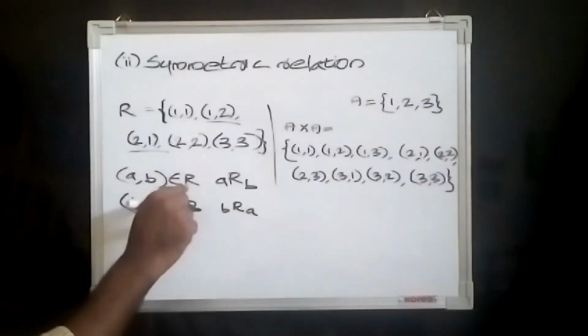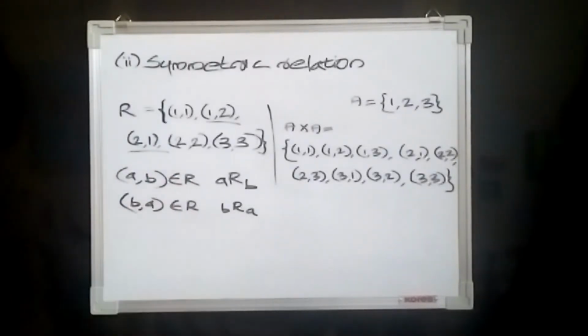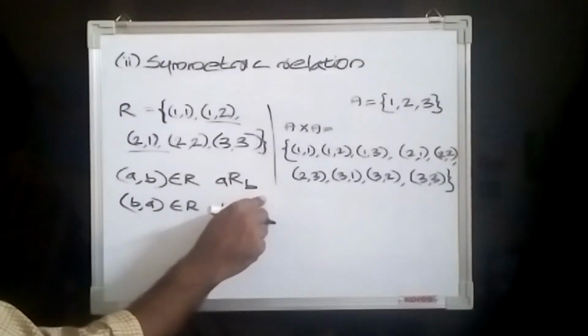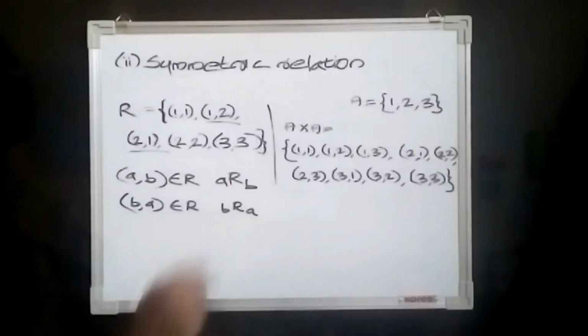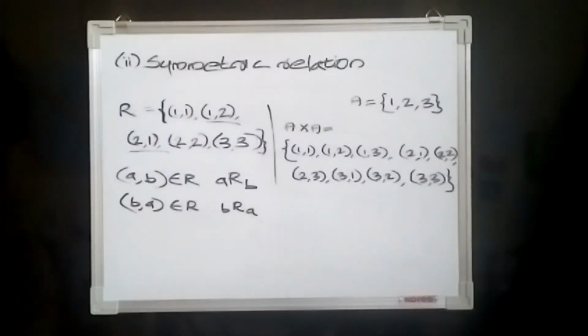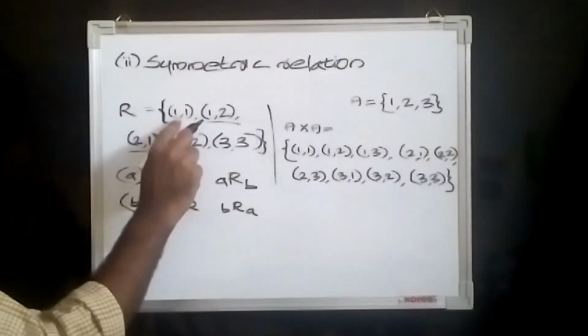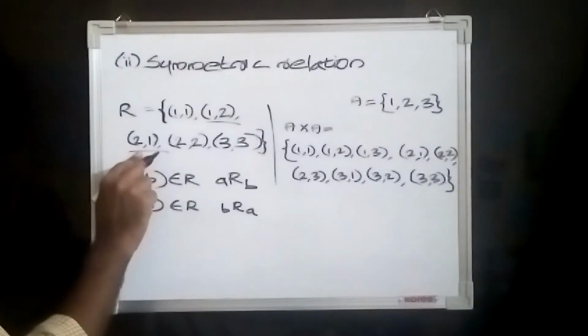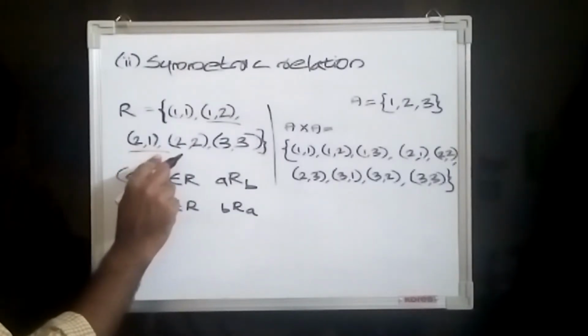Whenever (a, b) belongs to R, then (b, a) should belong to R. The relation is said to be a symmetric relation. When an element a is related to b, then b should be related to a. It is a symmetric relation because whenever the first element is related to the second element, then the second element is also related to the first element.